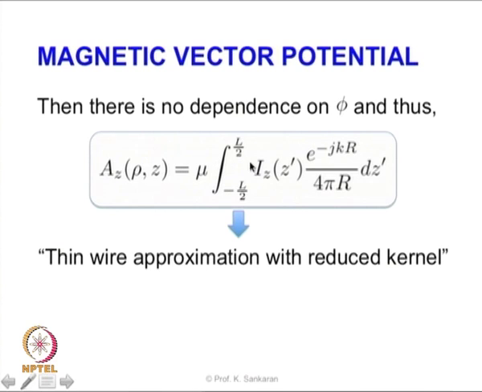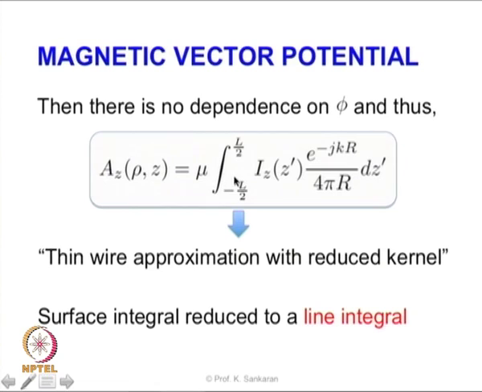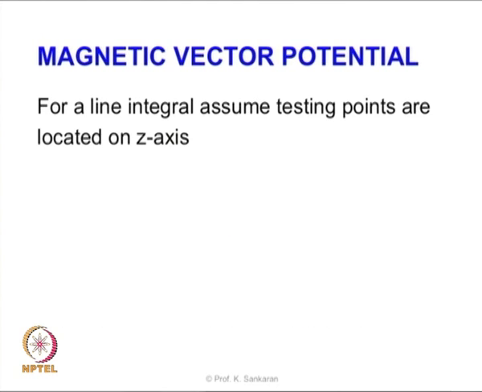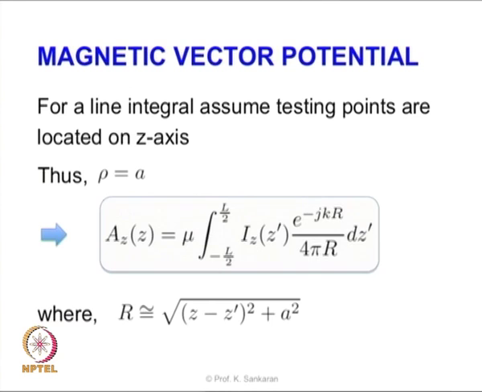What we have done is basically reduce the dependence from 3 dependents to only 2 dependents, and this is essentially a line integral here, and the surface integral is further reduced into a line integral. For a line integral, assuming that the test point is located at, let us say, rho equal to a, what we have as an expression, as before, is that Az is going to only depend on the value of z.